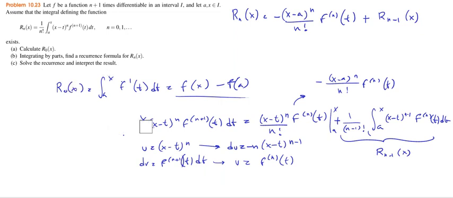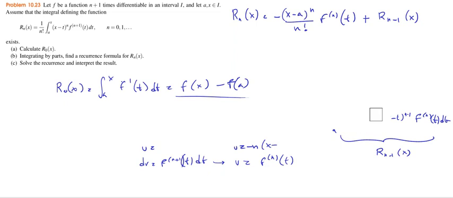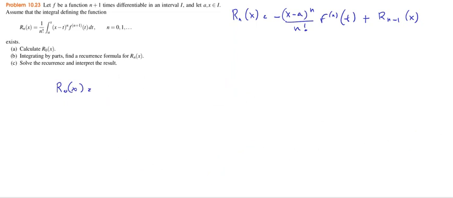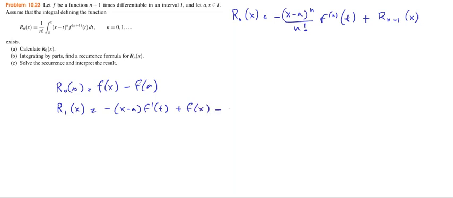So we have R0 is f at x minus f at a. So let me write it here: f at x minus f at a. Now we have R1, which is minus (x minus a) times the derivative of f, plus f at x minus f at a.